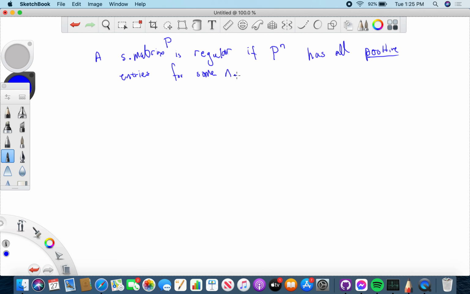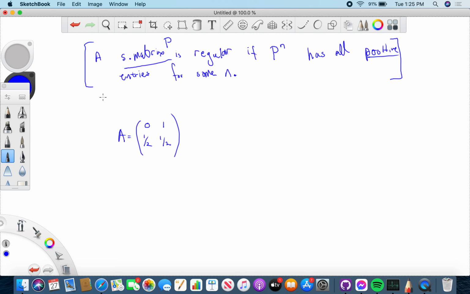Let's do a quick example. If we have A equals 0, 1, 1/2, and 1/2, first off, is it a stochastic matrix? Because notice that the only matrices we care to talk about regularity of are stochastic matrices.